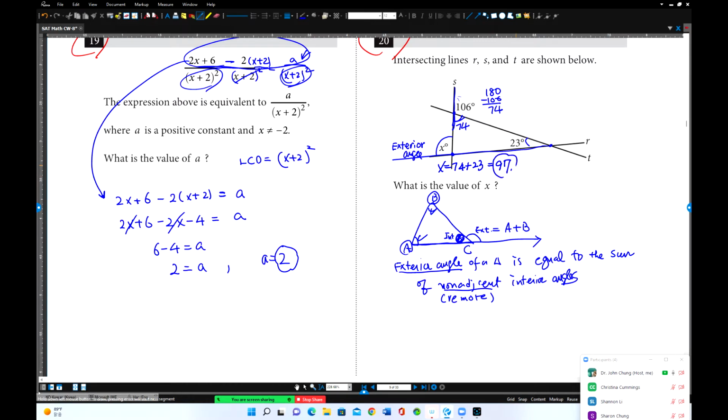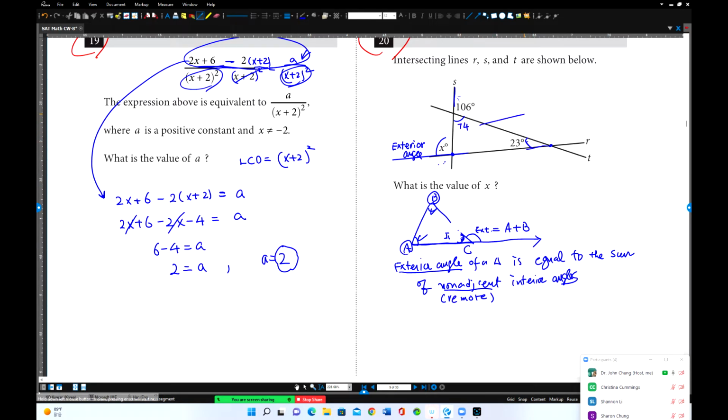Or, if you're not going to use the exterior angle, that's fine. You don't have to. Just find the angle inside. This is 74 and this is 23.